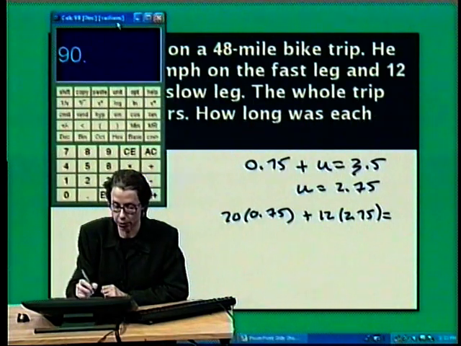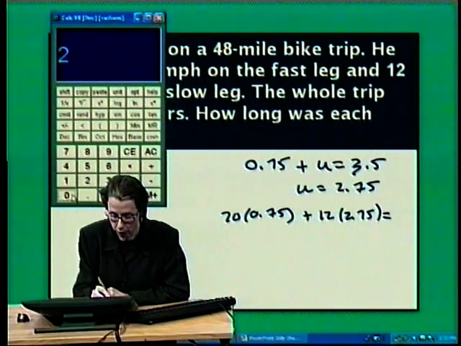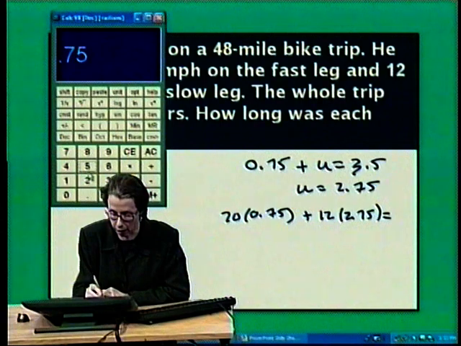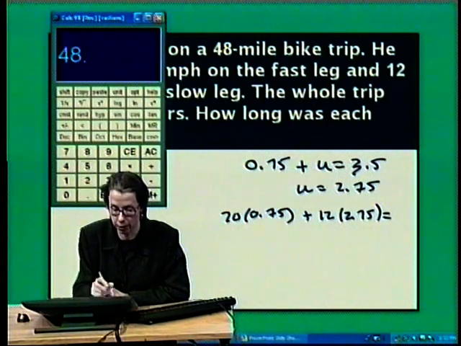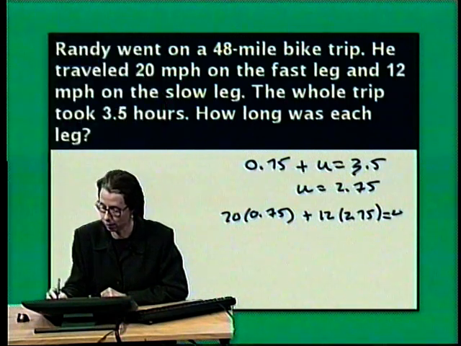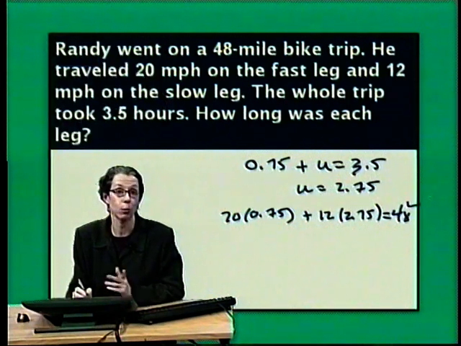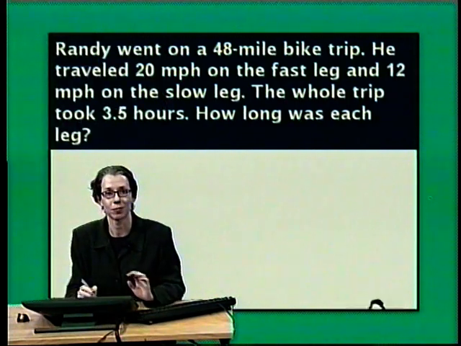Let me do the computation. 20 times 0.75 plus 12 times 2.75, that's 48. So everything worked out and we're ready to state a conclusion.